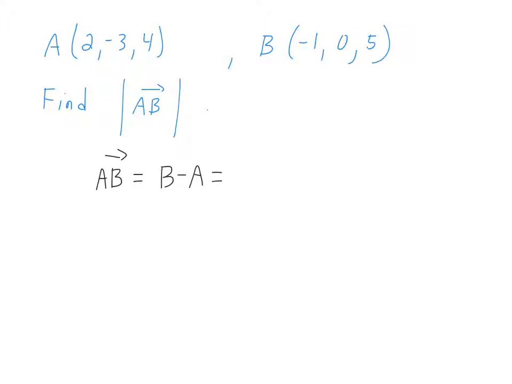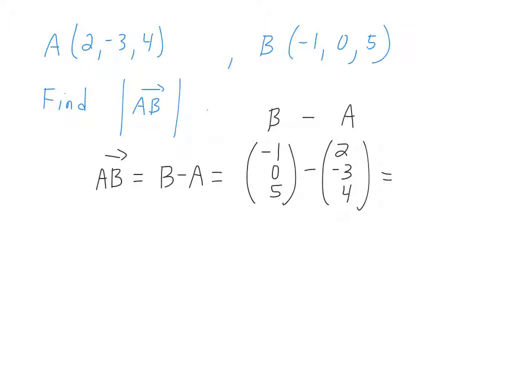We're given those points, but we can think of them as position vectors where we transform them from being a point to a vector. So I'm just going to turn them and write them as vectors. We do B's numbers first minus A's numbers second. From there, we're going to write our vector for AB. So that would be -3, 3, and 1.